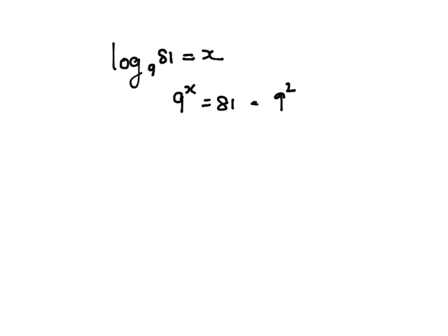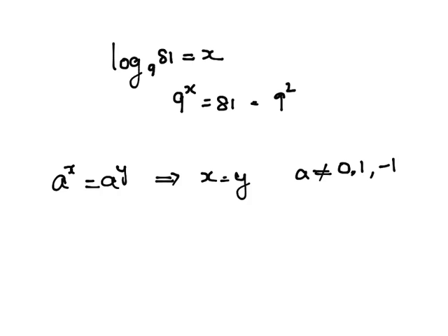81 is 9 squared. Now we know that if the bases are the same, then the powers are also the same. For example, a power x equal to a power y implies that x equal to y always, only when a is not equal to 0, 1, or even minus 1.